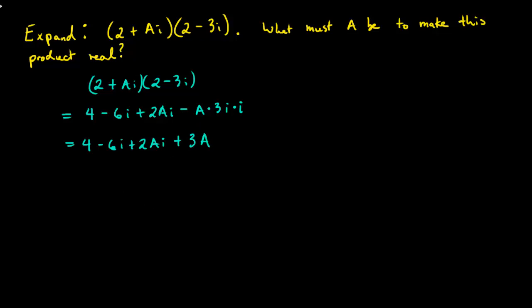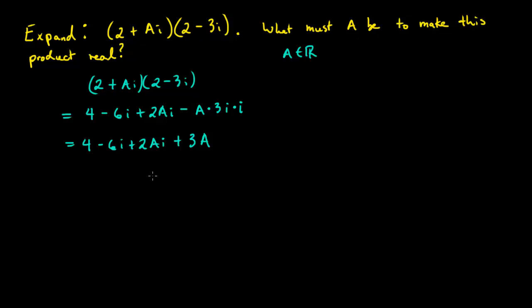I should have said here that a is a real number. So a is an element of the real numbers, or just assume here that a is a real number. And we're going to say, what must a be to make this product real?